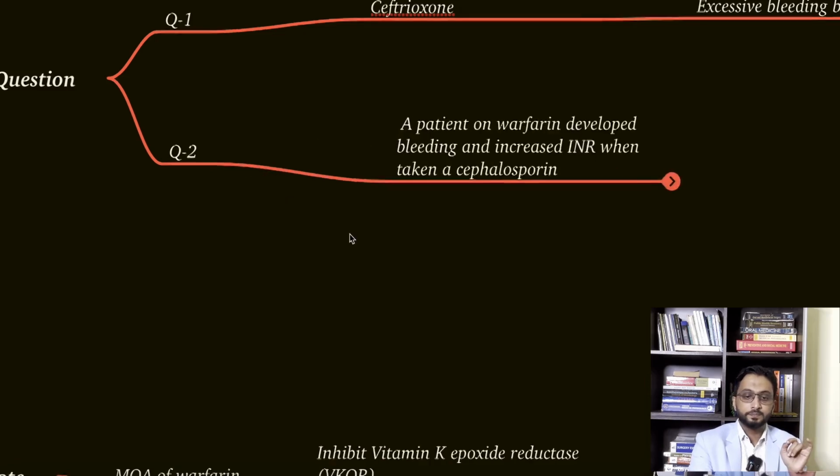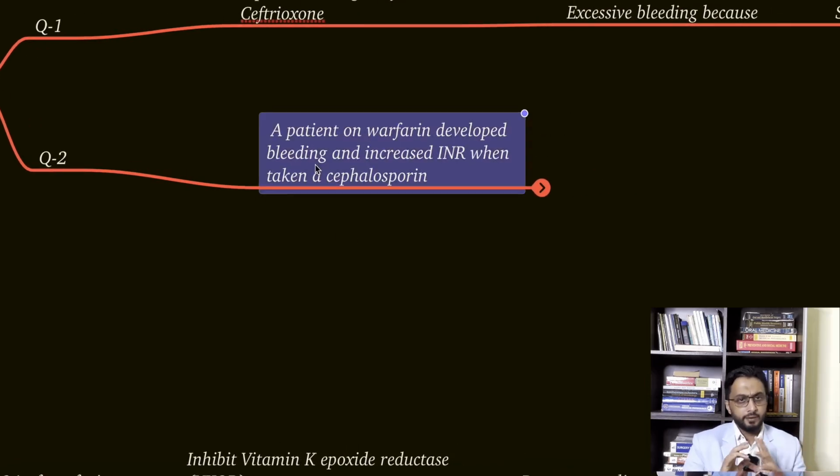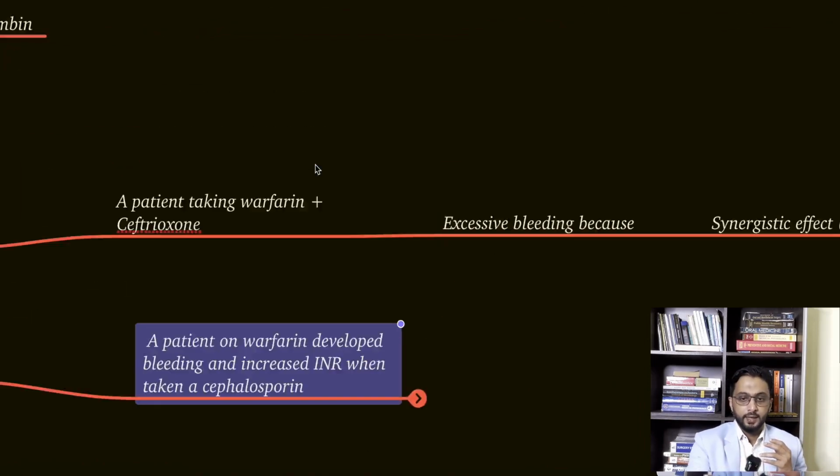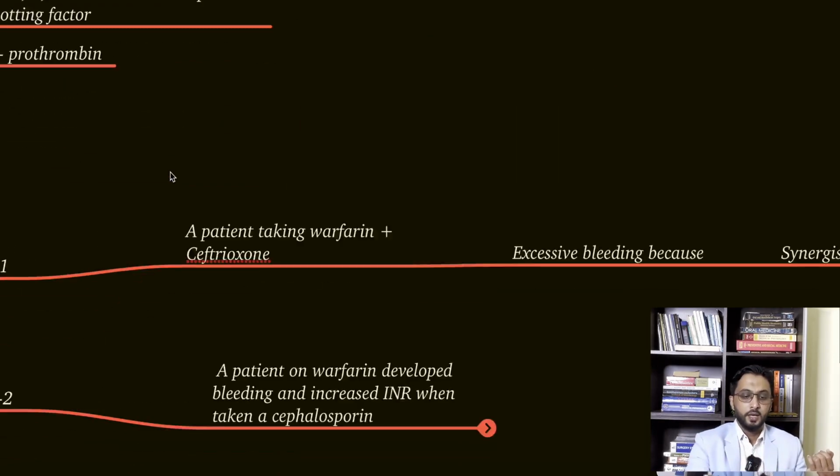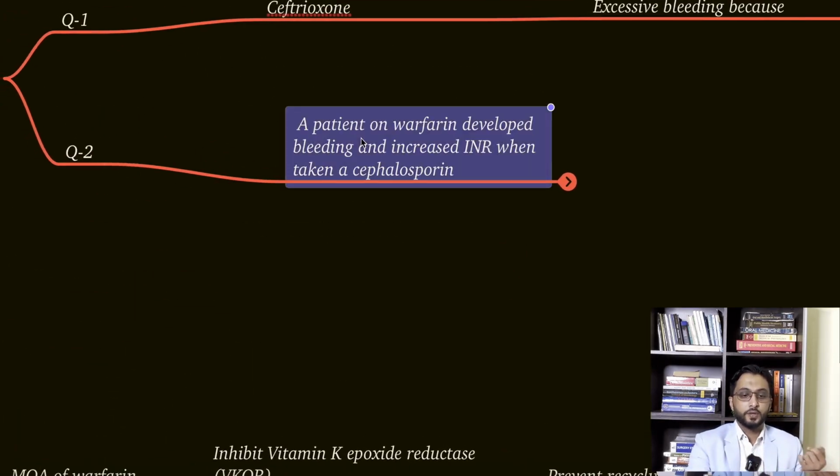Next, a patient on warfarin developed bleeding and increased INR. We studied this: there is an additive action with warfarin. Warfarin causes increased INR, and you know that warfarin is monitored by checking the INR. In this patient, bleeding and increased INR developed when taking a particular cephalosporin.